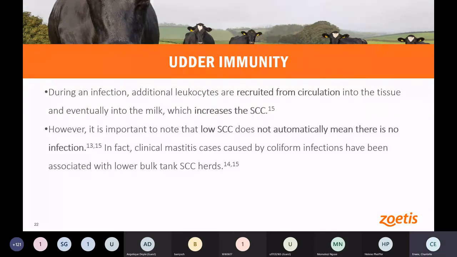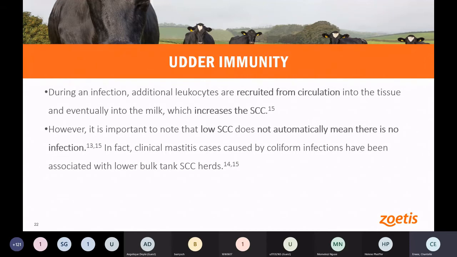Often with clinical mastitis caused by coliform infections, there's an initial and quite high rise in somatic cell count, and then it goes back to almost normal, maybe just around threshold or a little bit higher than what it was. If you take the somatic cell count of that animal after that peak, you might not find anything amiss, because it's not as high as it would need to be to draw attention.